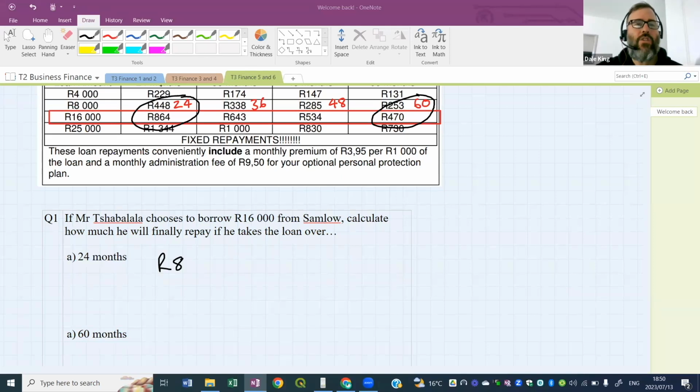Okay, you're on the right track. Your method is perfect, but just check on the table there. Maybe you were confused by the black circle that I had there. It's 864. Yes, that's the one. Your method is correct, but you must use the 864.